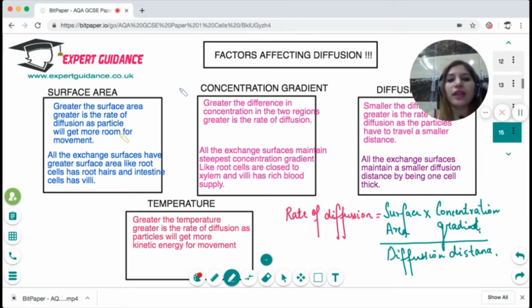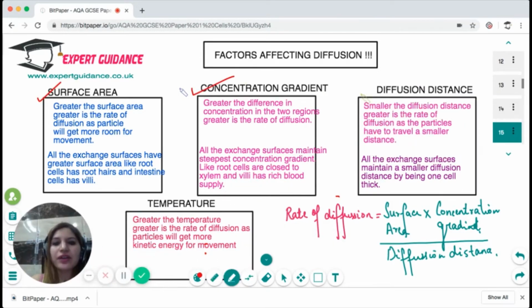Now, what are the factors that affect diffusion? Diffusion is dependent on four important factors. One is the surface area. Second is the concentration gradient. Third is the diffusion distance. And fourth is the temperature. The greater the surface area, the greater the rate of diffusion, because if the surface area is more, the particles will get more room for movement.